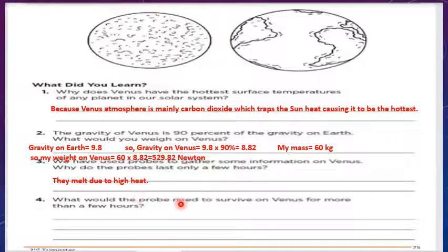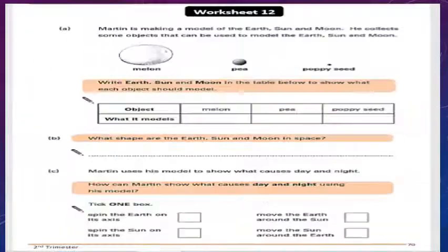What would the probe need to survive on Venus for more than a few hours? There are many things that could be done. For example, we could use a specific heat shield that withstands the high heat for a while until we can take enough pictures or enough recordings of the planet.